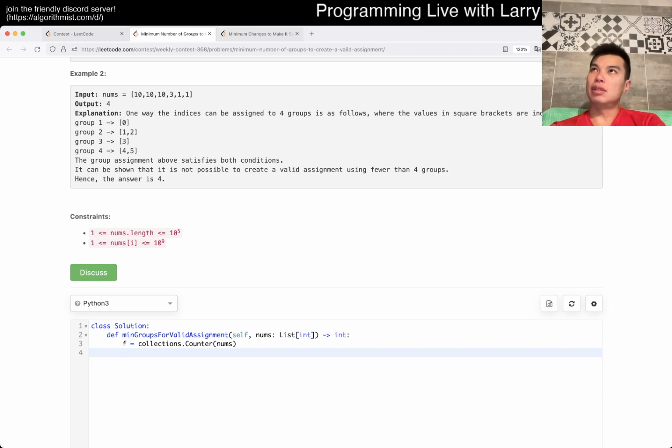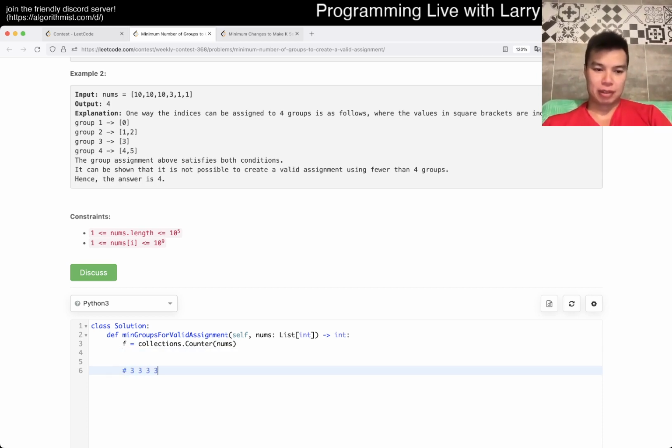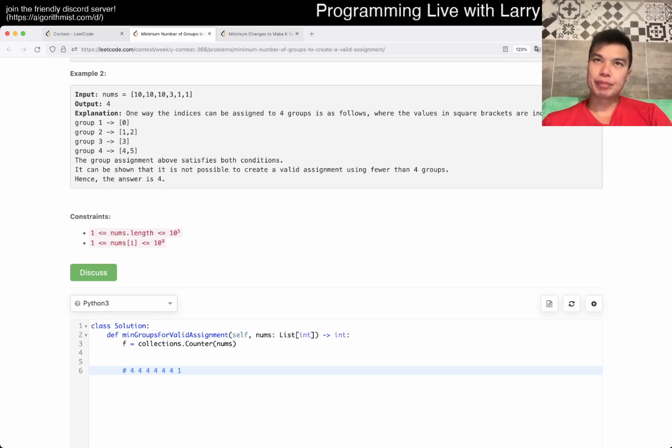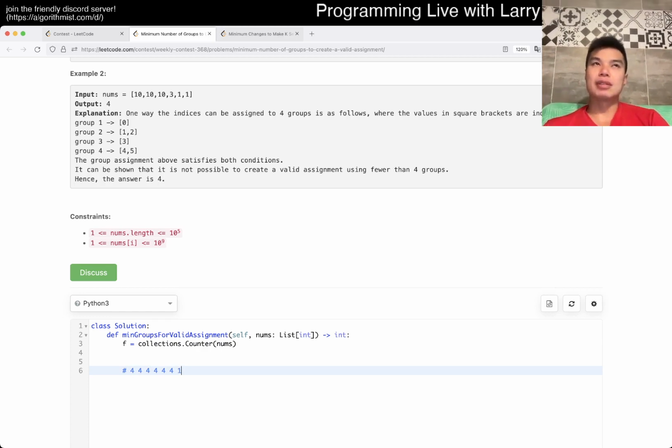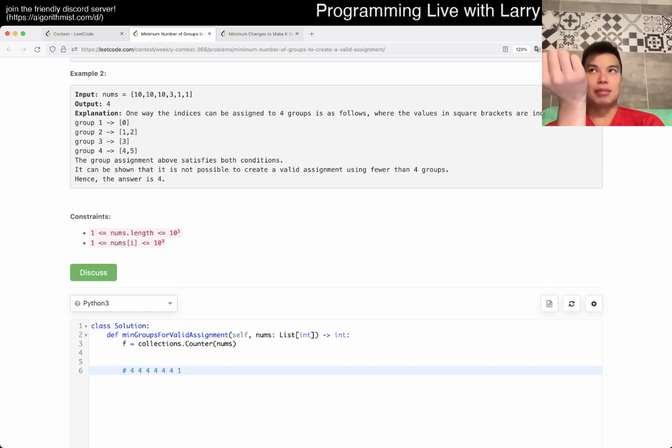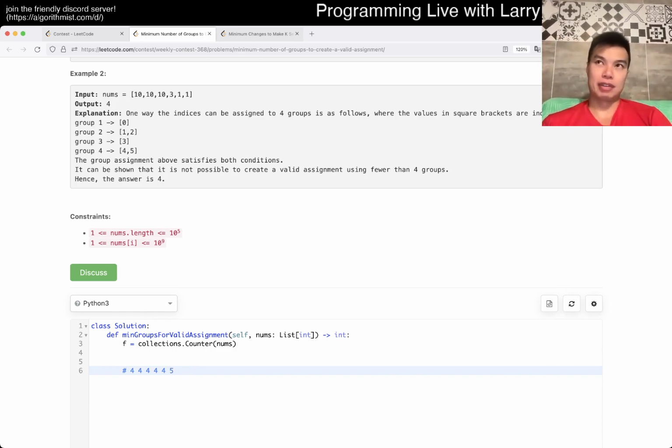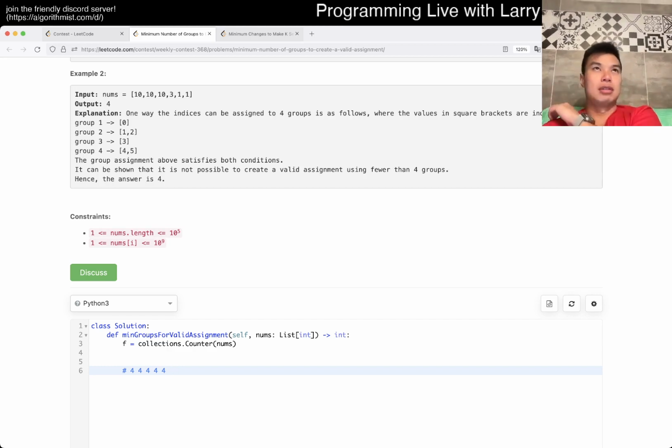Let's say we have some weird thing like 4, 4, 4, 4, 4, 1, and in theory 4 is not possible, but 3 might be. No, 4 is possible when you just put the 1 into the 5, right? If it's too small, it's always possible. Just break it into more groups. If it's too big, it's not possible.